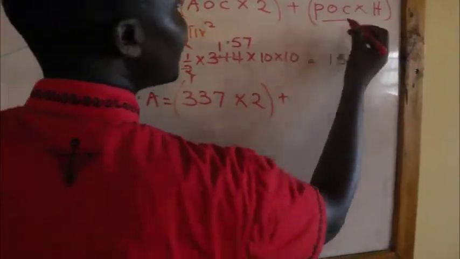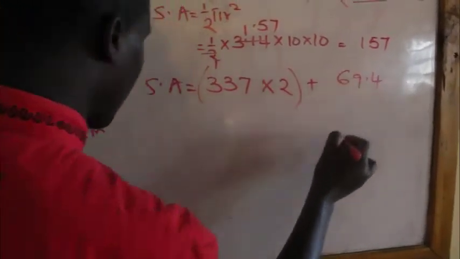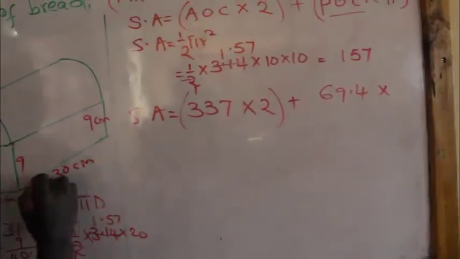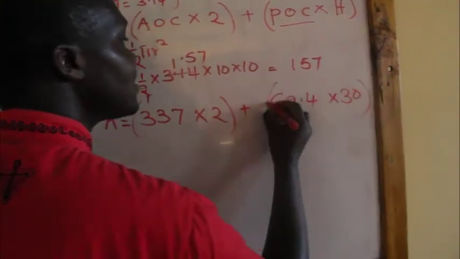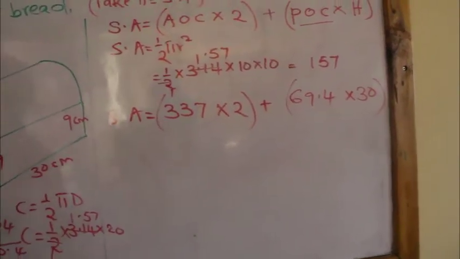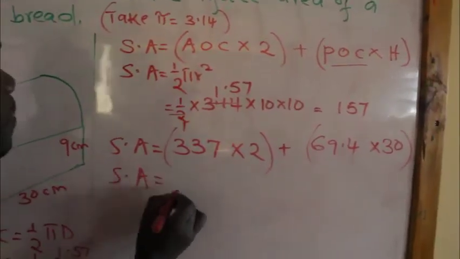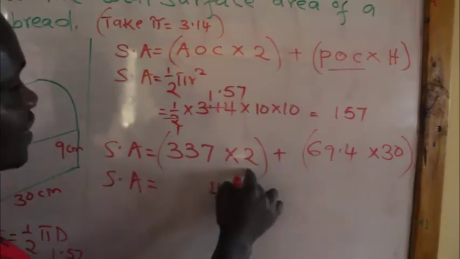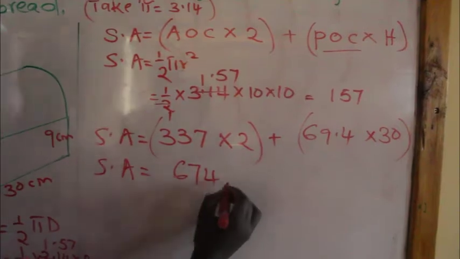So what is the perimeter of the cross section? It will be 69.4. Then I multiply by height. So the height is the slanting height here, which is 30. It is not so complicated since you only apply all the rules which are required. So surface area will be, we multiply this by 2. So this is 14, 6, 7, then we have 6 plus.